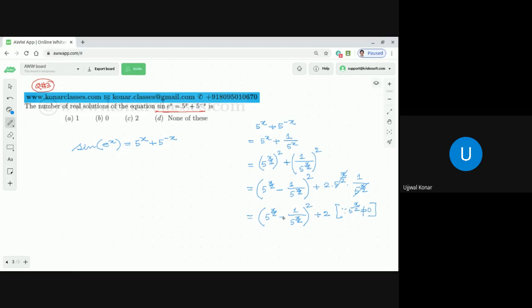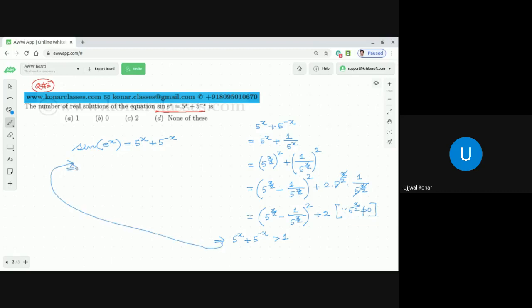So from here what we can get is that 5 power x plus 5 power minus x is greater than or equal to 1 at least. So now if we apply this concept here, what are you going to get?